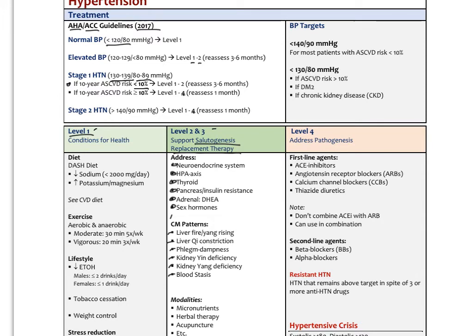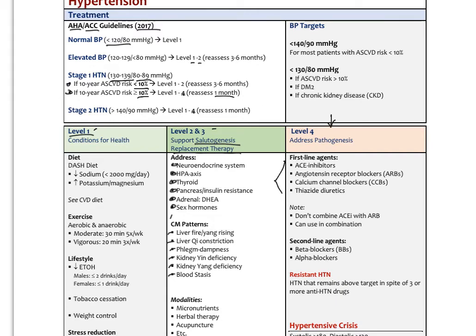If their 10-year ASCVD risk is over 10%, then we're going to really emphasize level 4 and then backtrack and do level 1s and level 2s. But this is going to need level 4 therapies, and that is usually going to be medication therapy. So I'll review those here in just a minute. And then reassess in 1 month to see that the blood pressures have come down.